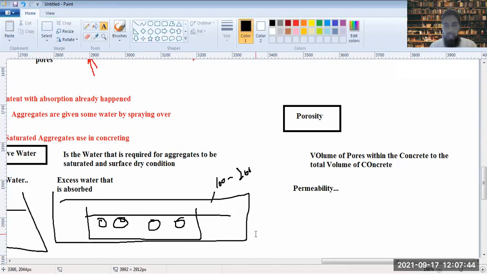So we, at pressure, put water into the concrete. The water goes into the pores, and then you reweigh it, and you check how much is the weight of the water that has gone into the concrete, and what was the initial weight of the concrete. Or you can do the reverse. You can fill it up by keeping the concrete in water for a long time.